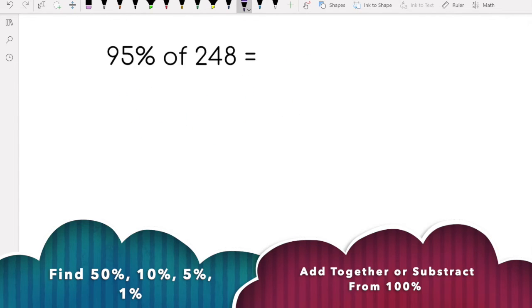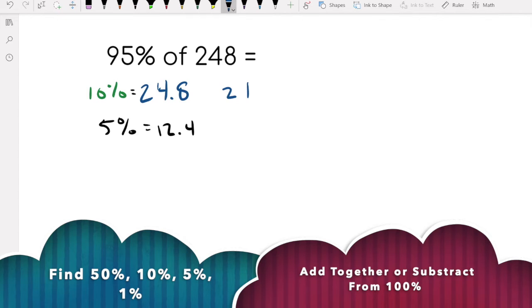So we have 95% of 248. I would find 5% and subtract it from 248, because we're 5% away from 100. So 10% is 24.8. So 5% is half of 10%. So half of 24 is 12, half of 8 is 4. So the calculation I'm doing is 248, and we're going to subtract 12.4.